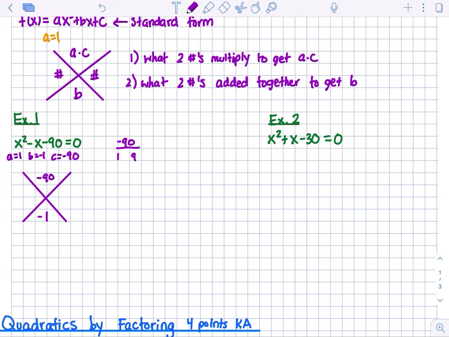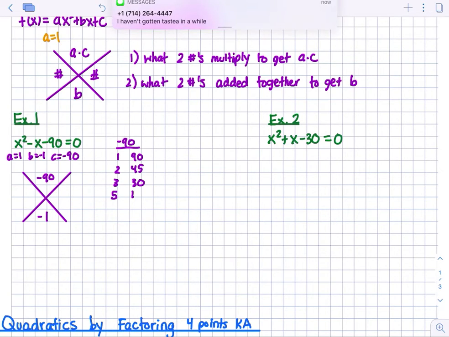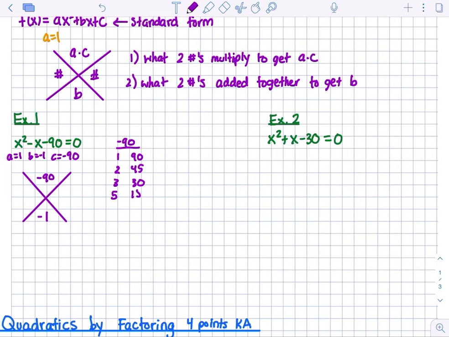And if you forgot, you can always make a factor list. 1 and 90, 2 and 45, 3 and 30, 5 and 18, 6 and 15, and 9 and 10. So out of all these factors, you can see that if I subtract, or I add, for this one will give you 1 at least.